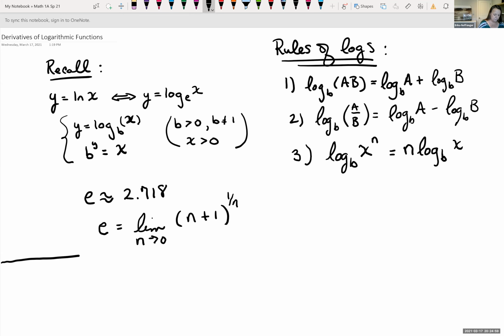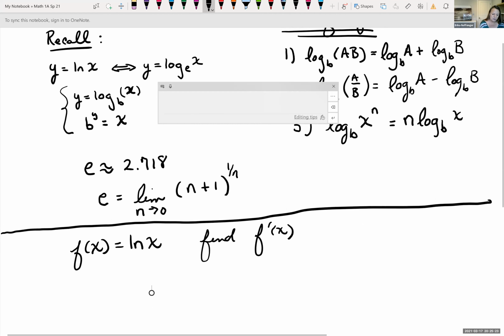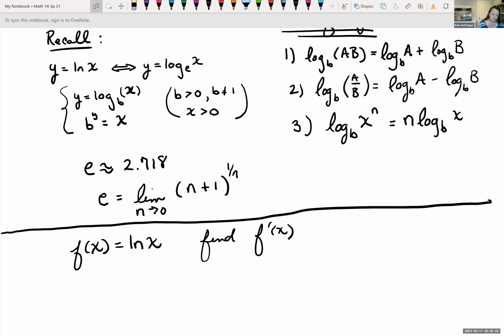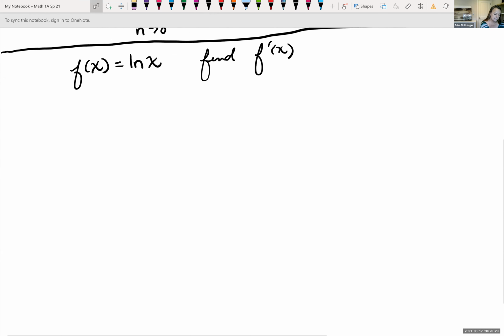Okay, so I'm ready to start with a proof of finding the derivative of the natural log of x. So let's say that f of x is equal to the natural log of x. And we want to find the derivative. Well, we don't know that rule right now, but we do know we can find derivatives by using the limit.